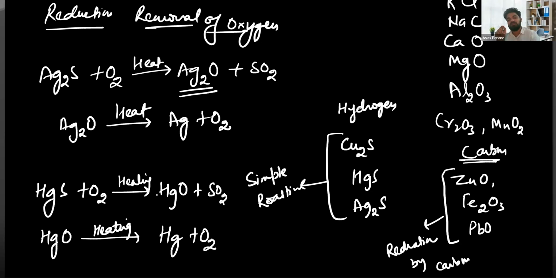So the oxide form gets converted into the metal by simple roasting. Just keep on roasting it and it will get converted. Are you getting my point? Please note it down.